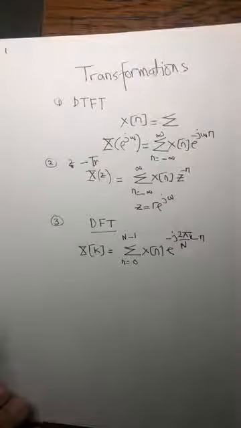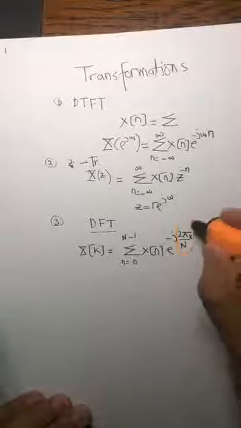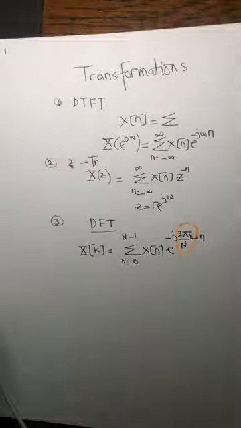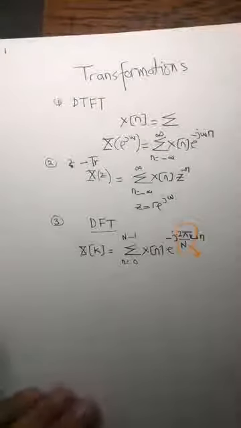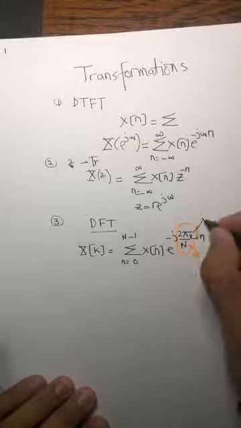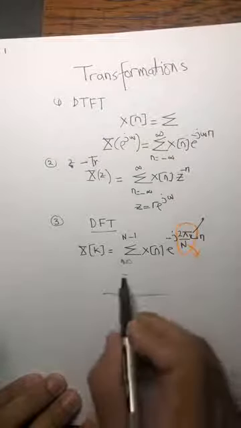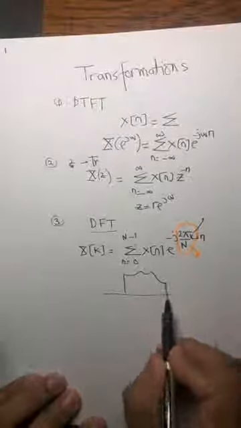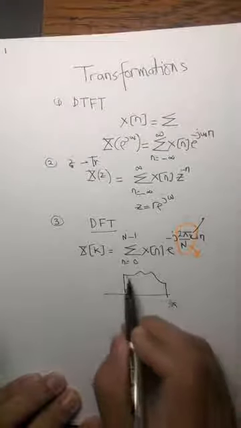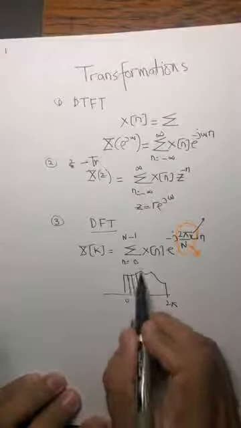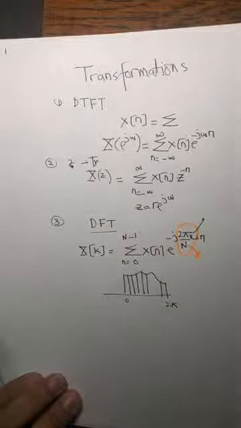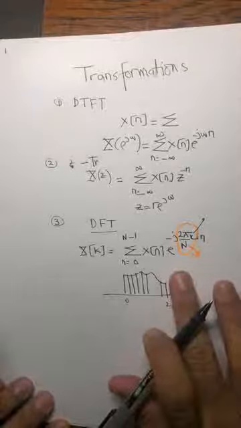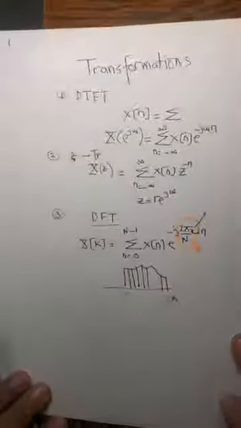Omega is sampled from 0 to 2 pi in N intervals, and k is the index that gives us the value of the transformation from 0 to 2 pi. So these are the sampled versions of the discrete time Fourier transform, and we have learned about its properties.